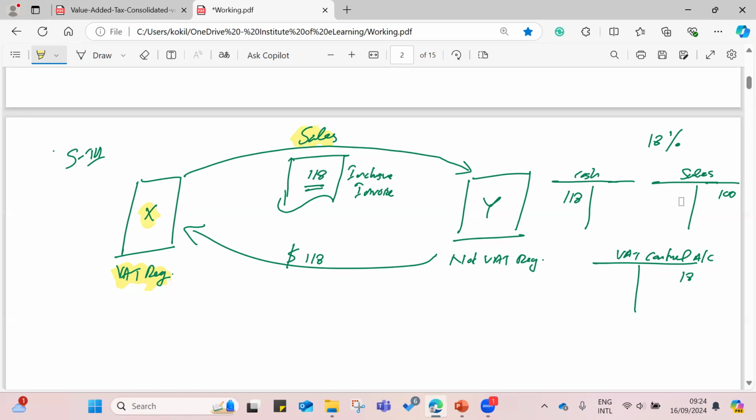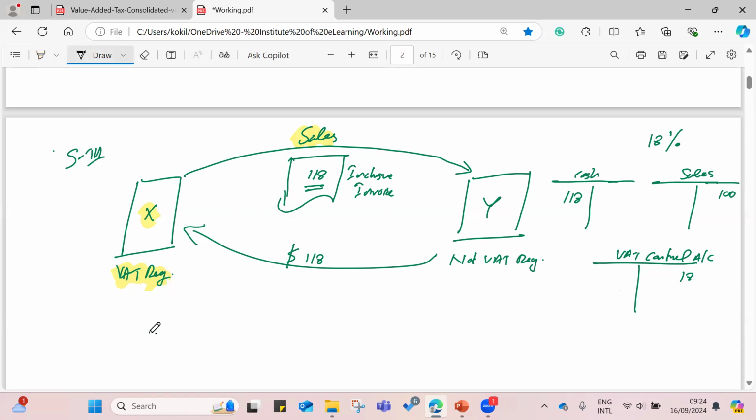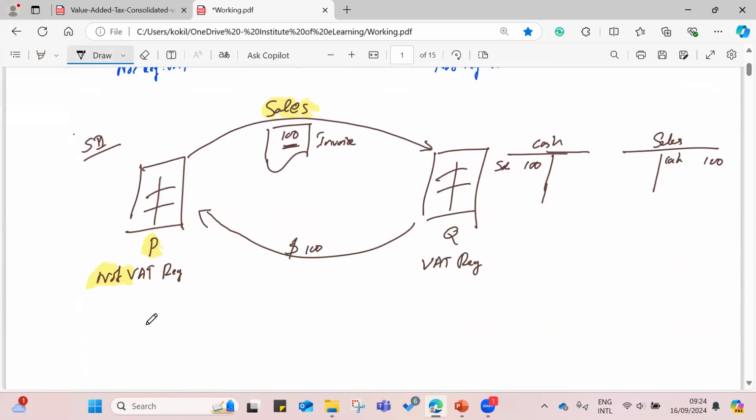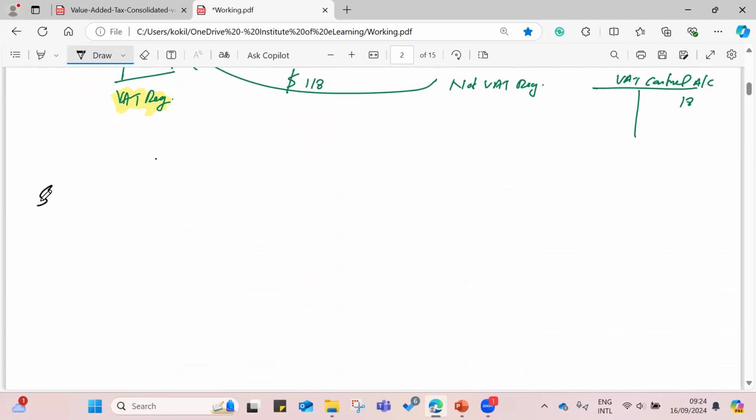Then let's look at another important, final scenario, scenario 4. Scenario 1 and scenario 2 we discussed, then scenario 3, and the final scenario 4.